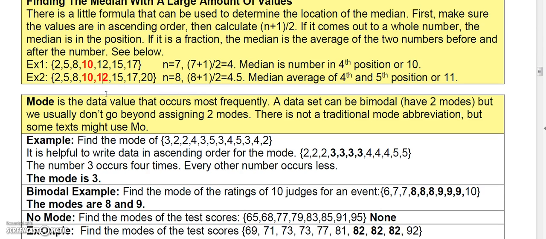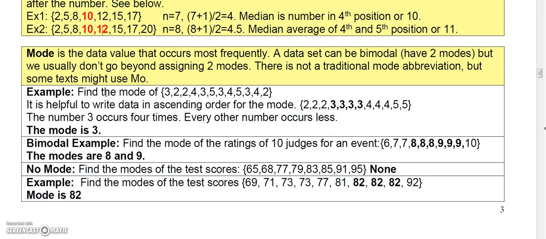Now, the last measure of central tendency that I'm going to discuss is the mode. The mode is the data that occurs most frequently. So, for example, if you look at these values here, you might want to put those in ascending order as well, because it'll allow you to easily see the mode.